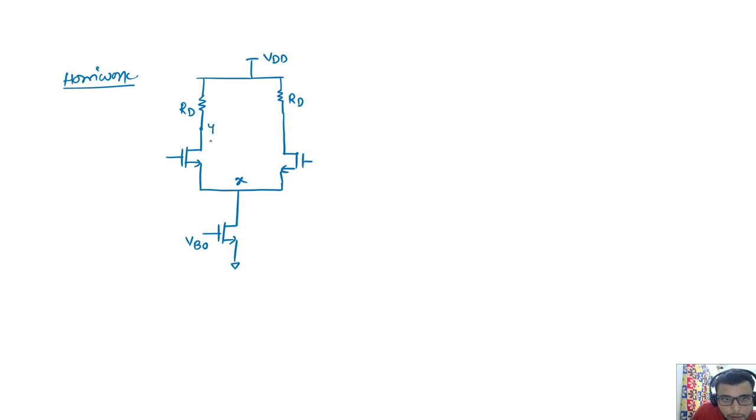This I will call node Y, and this I will call node out. So this is the complete differential structure.